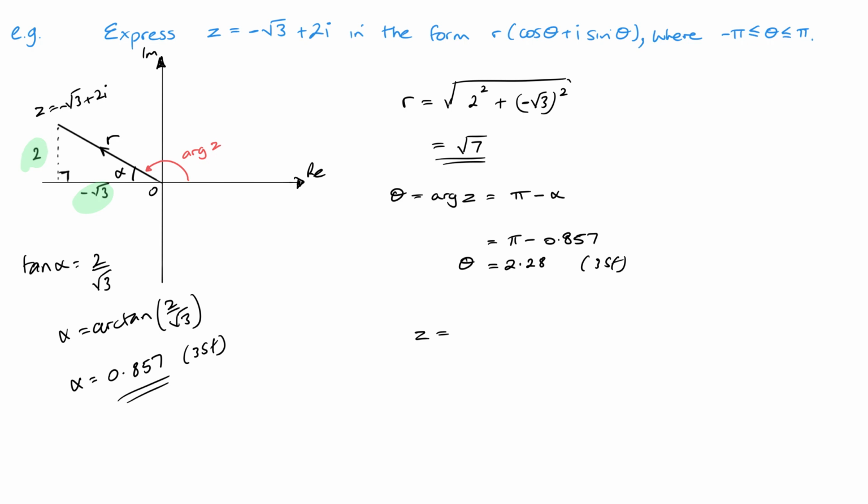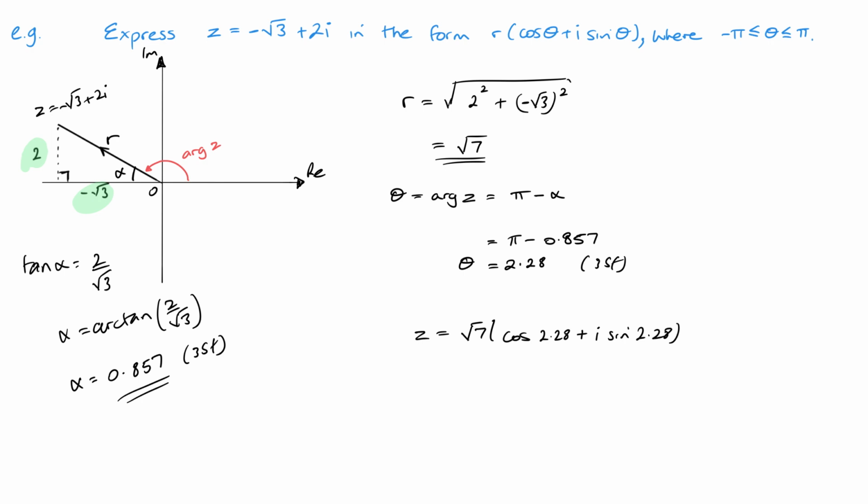We know that z is going to be root 7, because that is my r. And then we've got cos 2.28 plus i sine 2.28. And that's all there is to it.